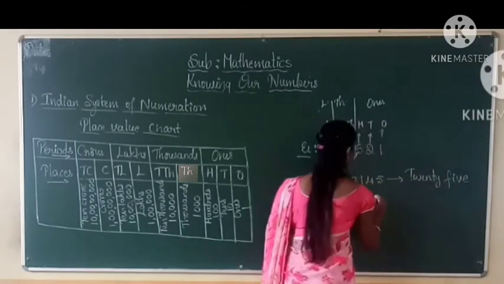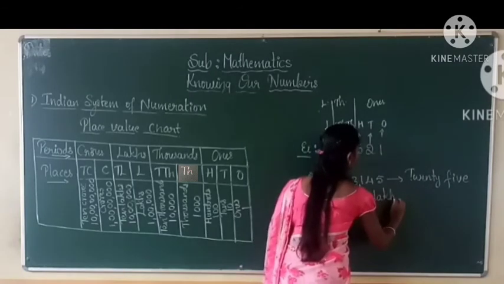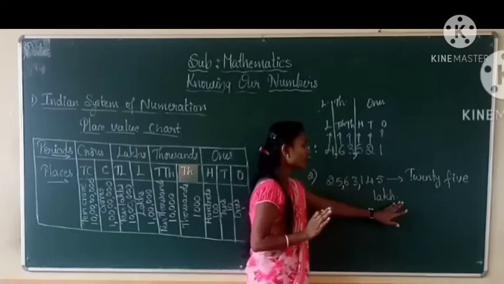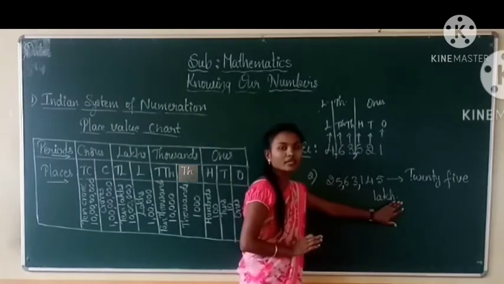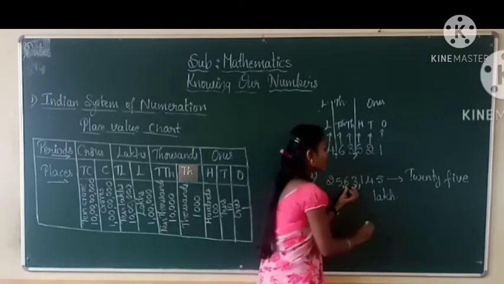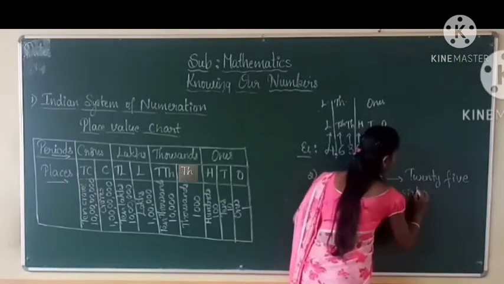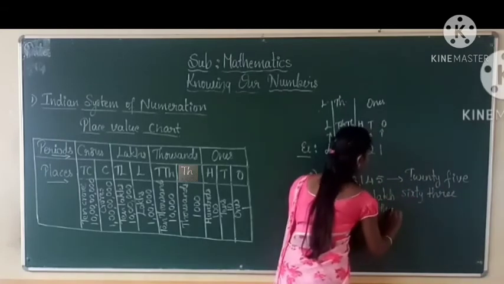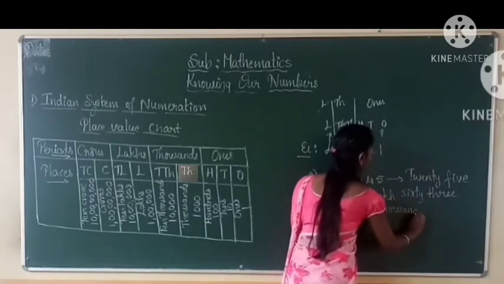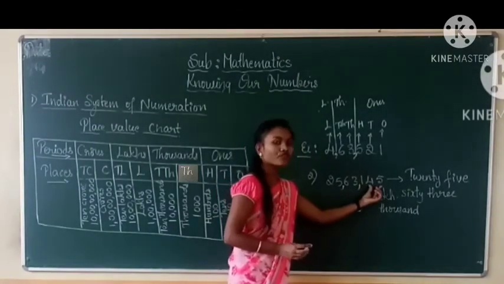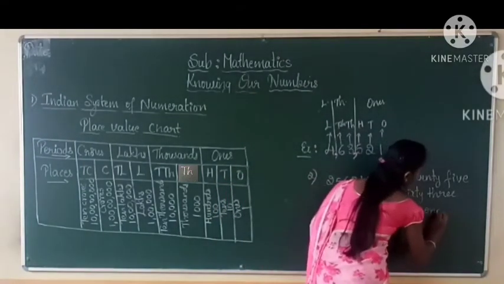After that a comma is there, so we should not write this comma while writing the number in names. Then it is 63,000. Don't write this comma, and it is 145.